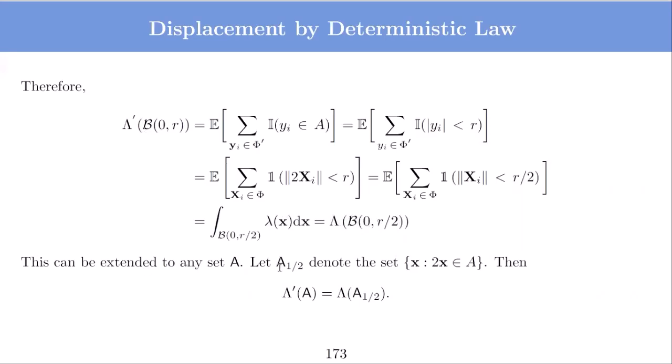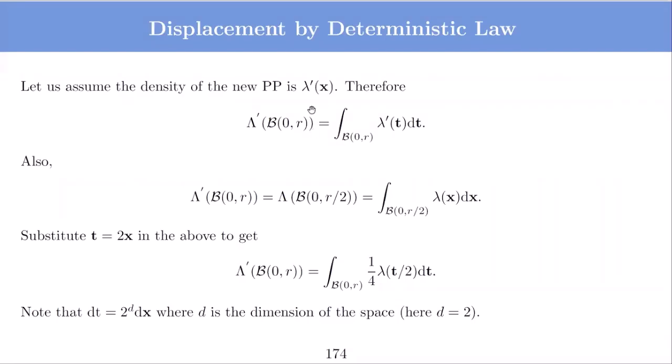So if I denote A half as the set of x such that 2x belongs to A, so if A is some set, A half is the set such that 2x belongs to A. Okay, so this means x is such that if you double it, then it should belong to A. So this A half is nothing but a scaled version of A.